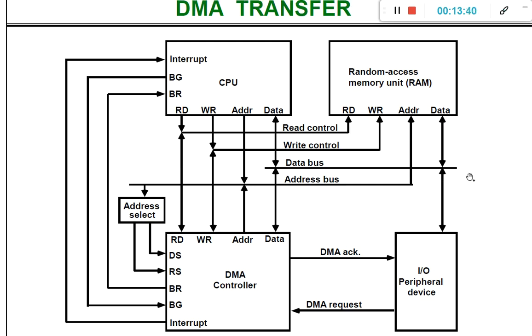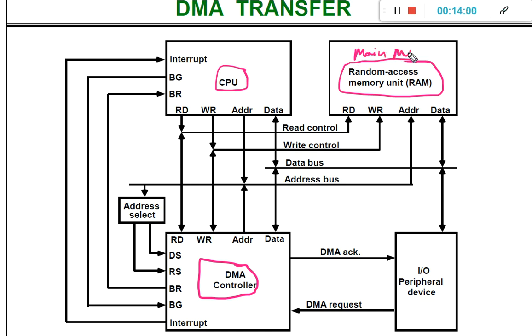Coming to the DMA transfer, the entire DMA transfer is connected with all the different components of the computer system. Here you can see this is the CPU, this is the DMA controller, this is the random access memory, that is main memory, and this is the IO peripheral device such as your disk, magnetic tape, or some other IO device.